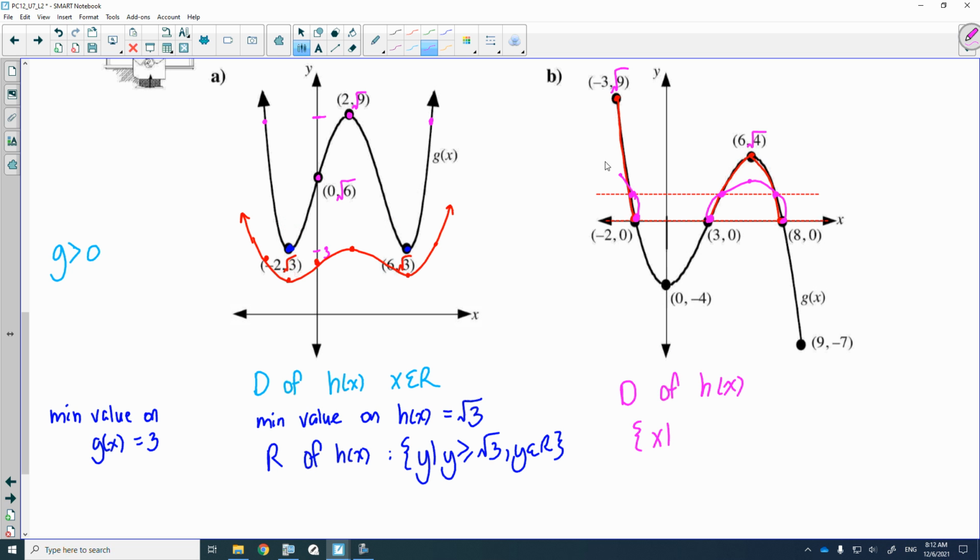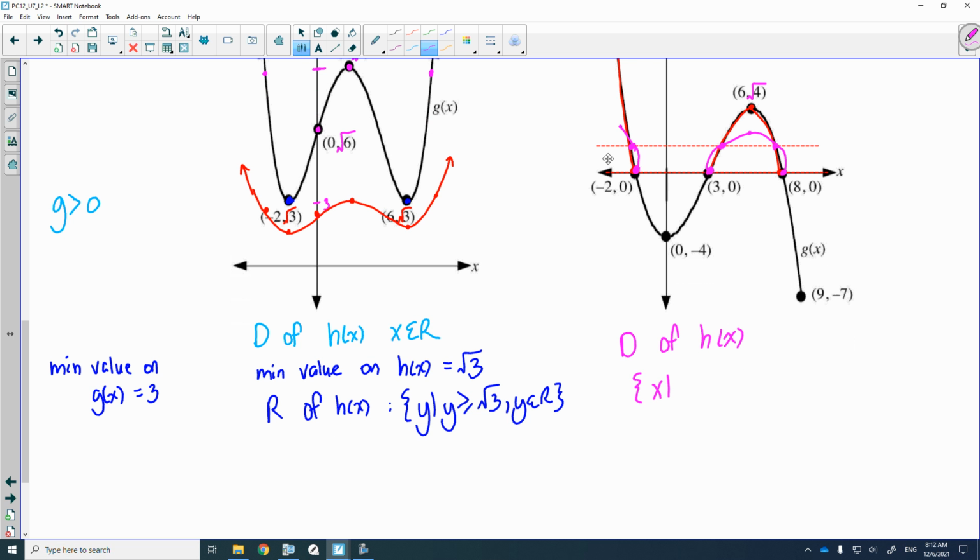So x is going to be less than or equal to negative 2 and greater than or equal to negative 3. And then we had a second piece, so I'm going to do or. I've got to state the domain of this piece, and that's going to be less than 8, greater than 3. And then within those 2 pieces, x belongs to the element of the reals.